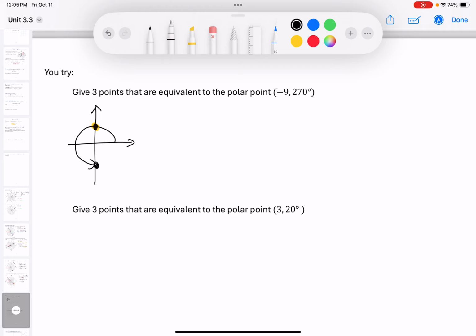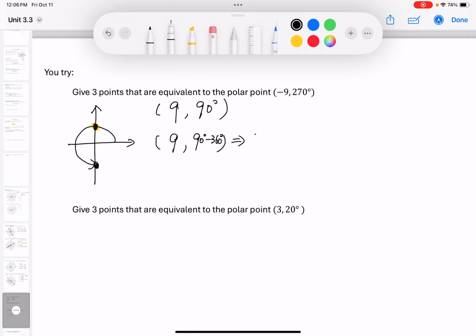So this point, describing the highlighted point, has the angle 90. I didn't do anything about the 270 because from the graph I can tell that's 90, and the radius is +9. So 9, 90 degrees. And then if I'm using -9, another +9, we can find the coterminal angle, which is 90 degrees minus 360.